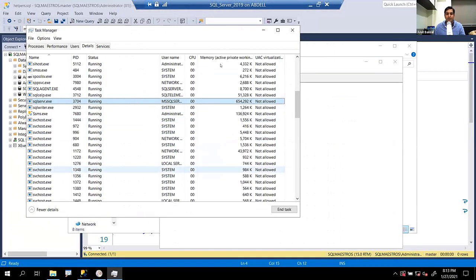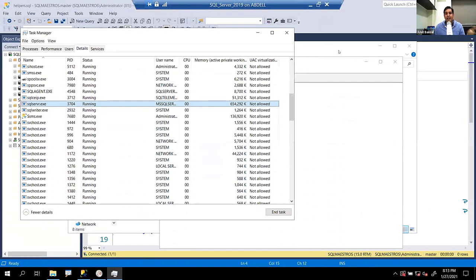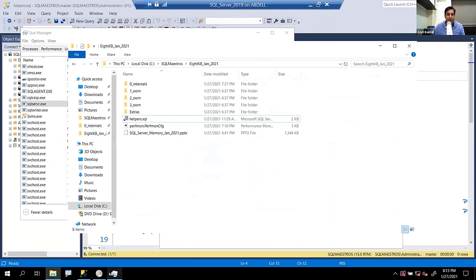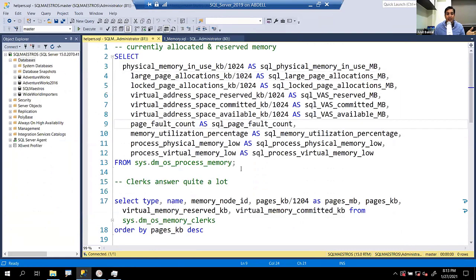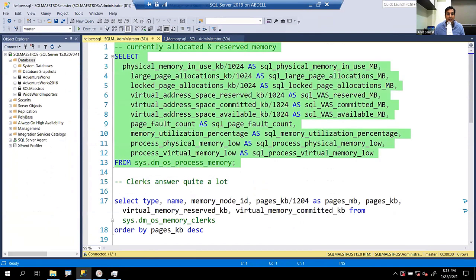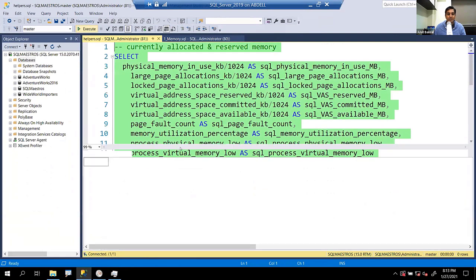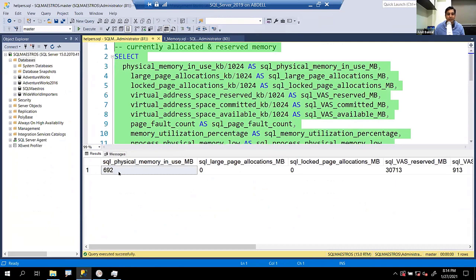I have opened up the Task Manager and the PerfMon counter. You can see the numbers up there, they're matching, 650. If you look at my helpers.sql and execute dm_os_process_memory, you can see about 700 MB being used in the DMV.